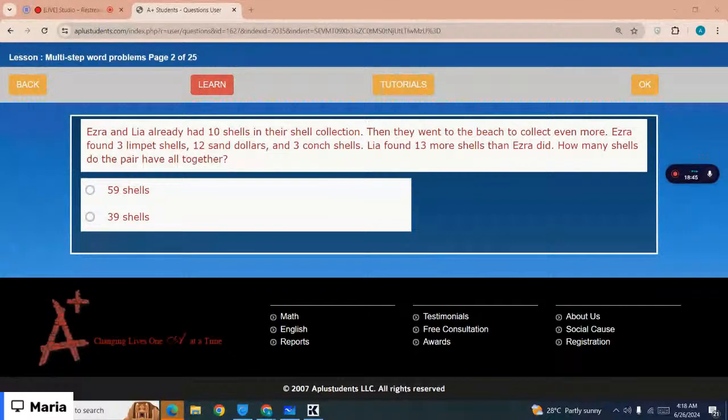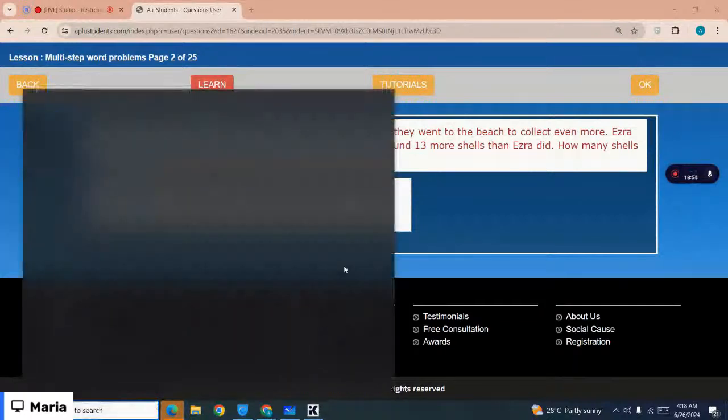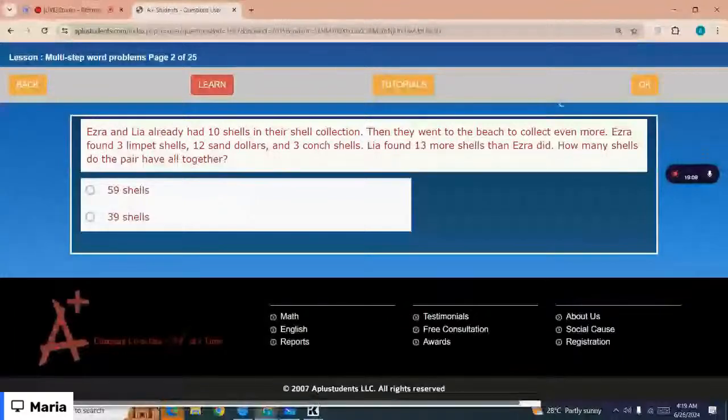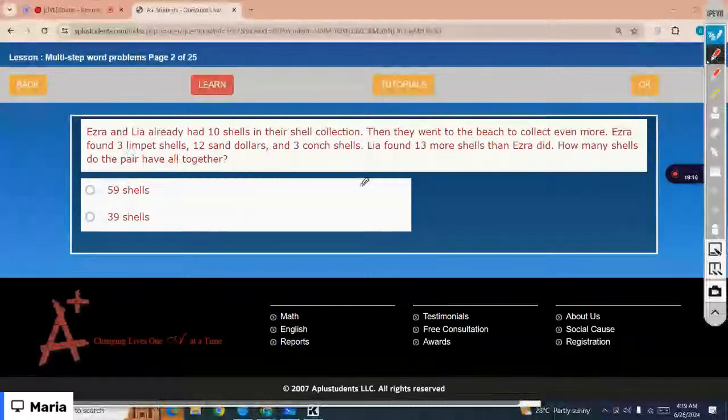Okay, so they already have 10 shells. Now Ezra found 3 limpet shells, 12 sand dollars, 3 conch shells, that is 15, 16, 17, 18.